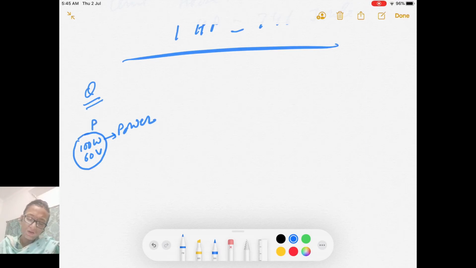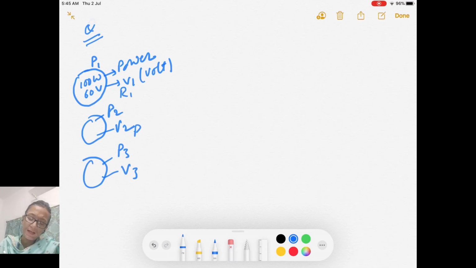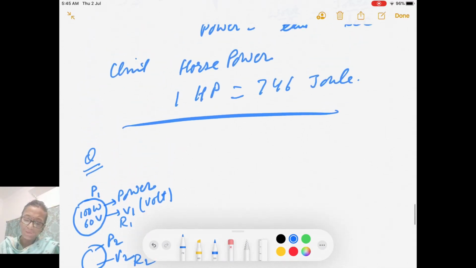Power is written on the bulb. Suppose on one bulb power is written P1 and voltage is written V1. And you have three bulbs, P2, V2, and the third bulb P3, V3. And accordingly they are offering resistance R1, R2 and R3.